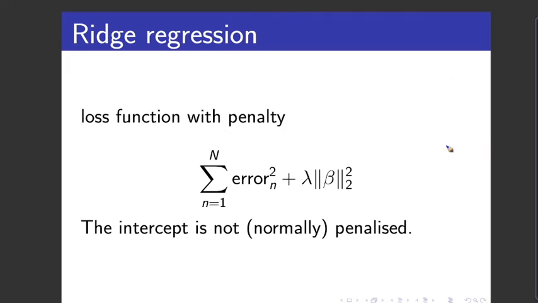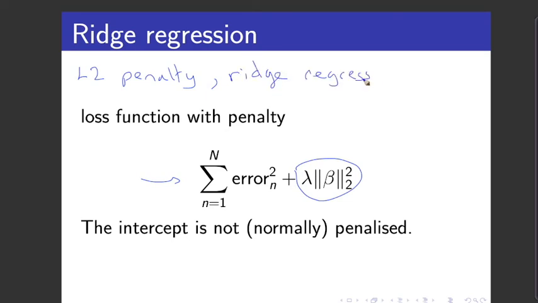One thing I forgot to mention before, or maybe I did mention it, but I'll mention it again. This kind of penalty is called an L2 penalty. And you might call it L2 penalization, because the loss function is penalized by something times the L2 norm of the coefficients. This form of penalization is also called ridge regression.